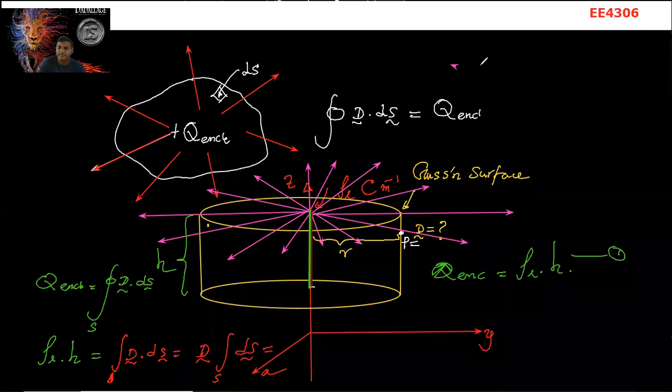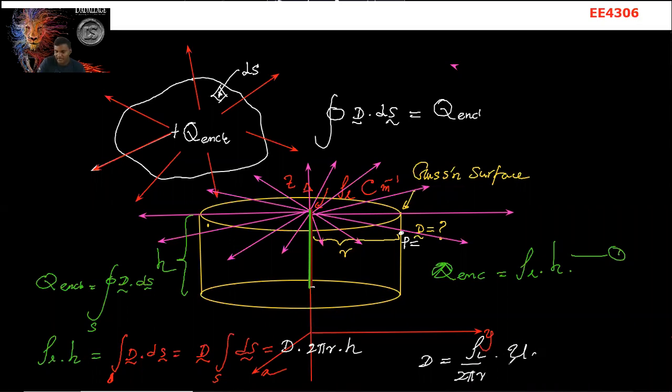As a result, you will get D into 2 pi r into h. By referring to this equation, you can find D equals rho L divided by 2 pi r into u r, where u r is the unit vector along r.